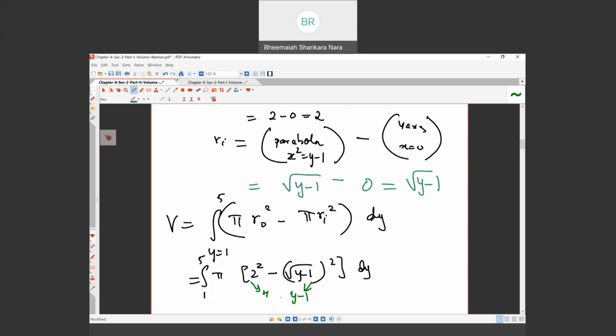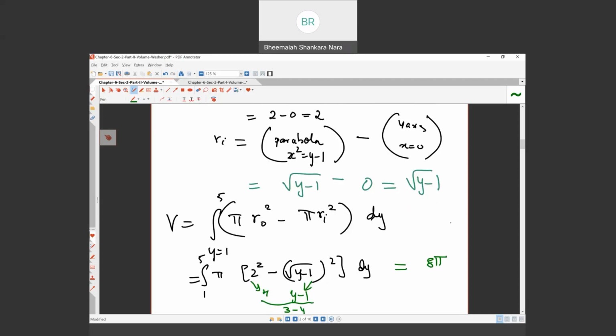Simplify, all you get is 5 minus y. And when you integrate, plug in the limit, simplify, you get 8 pi. So now finally you can write total volume is 4 pi plus 8 pi, which is 12 pi.